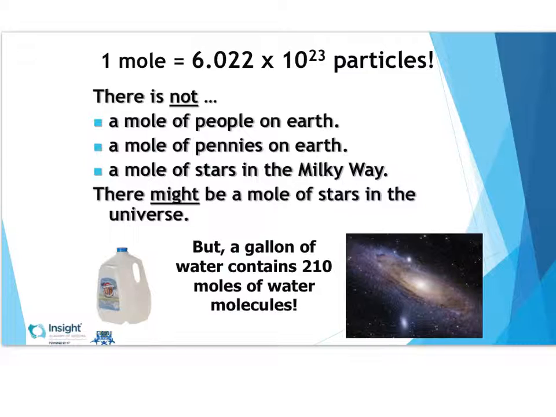If you counted every single penny on the earth, which there's considerably more than there are people, you still wouldn't get anywhere near a mole. The stars in the Milky Way, there are definitely trillions of stars in the Milky Way, but we still aren't getting to that point of having a mole of stars.